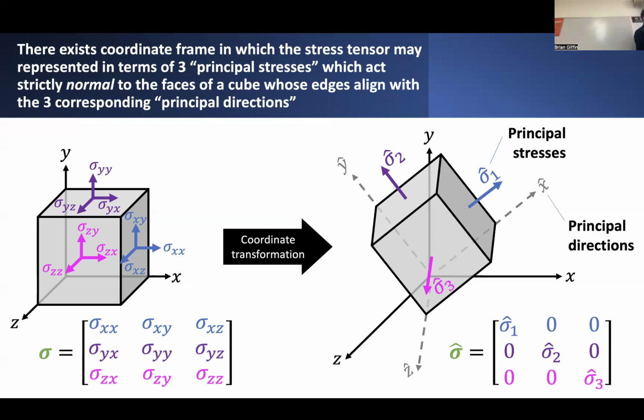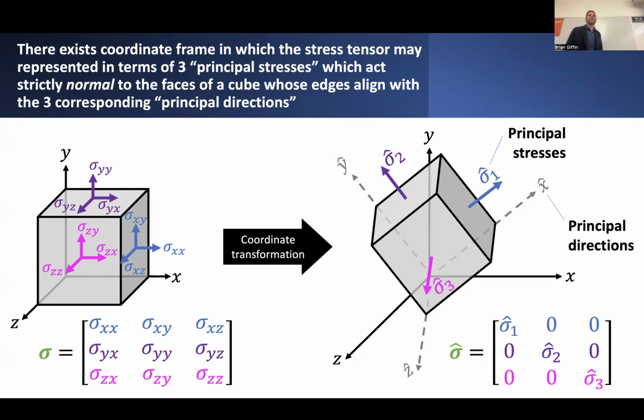I can choose to align this block of material such that its edges align with these major coordinate directions. And I can define the stress tensor's components relative to this particular coordinate frame, the global coordinate frame of whatever problem I've chosen to analyze. And I can take all these different components of stress, the force per unit of area acting on different faces and in different directions, and put them into the format of this 3x3 tensor.